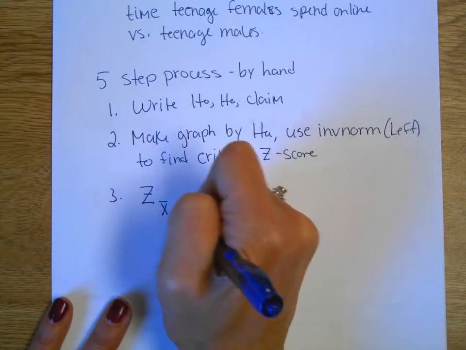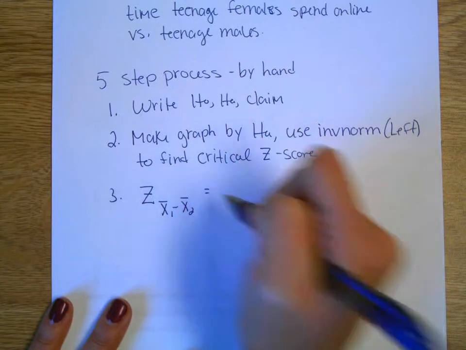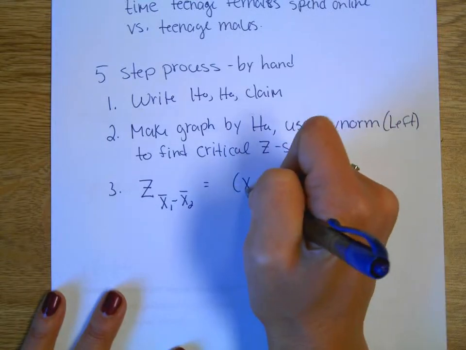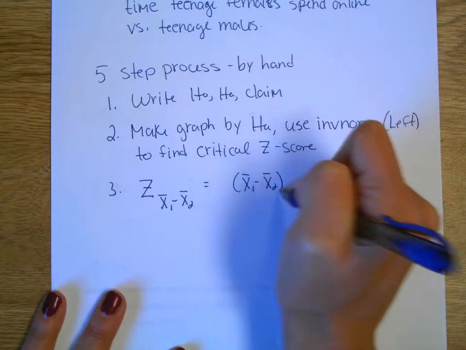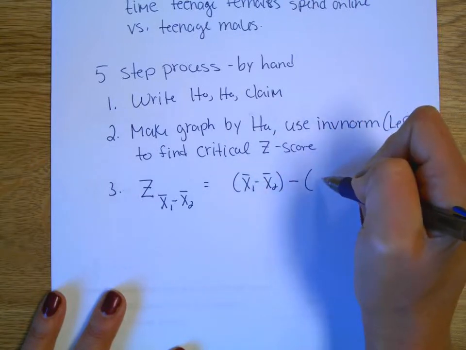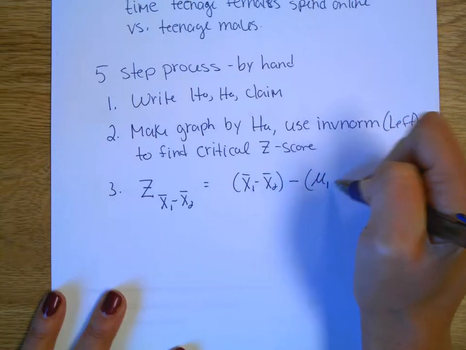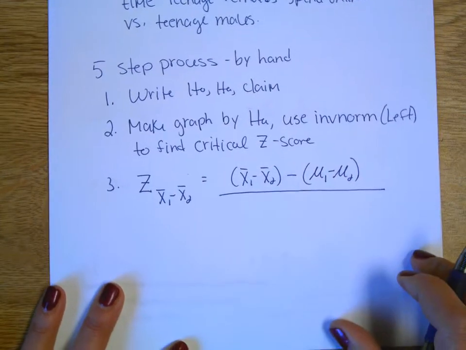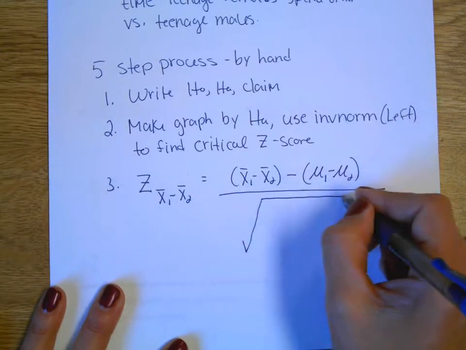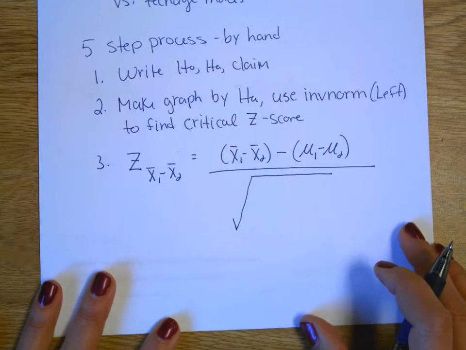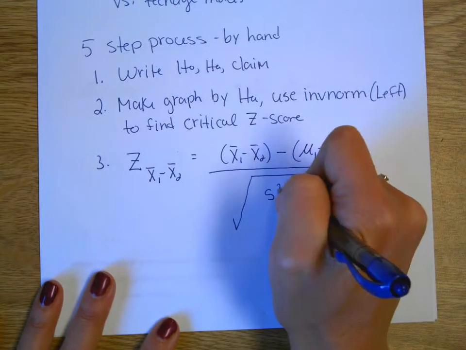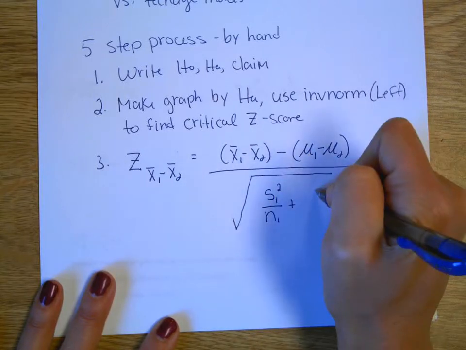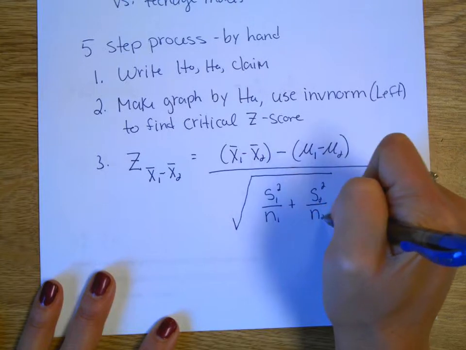So it's going to be x bar 1 minus x bar 2, then we subtract the difference of population 1 minus population 2, and divide by, the formula's a little bit ugly, the square root of s1 squared over n1 plus s2 squared over n2.